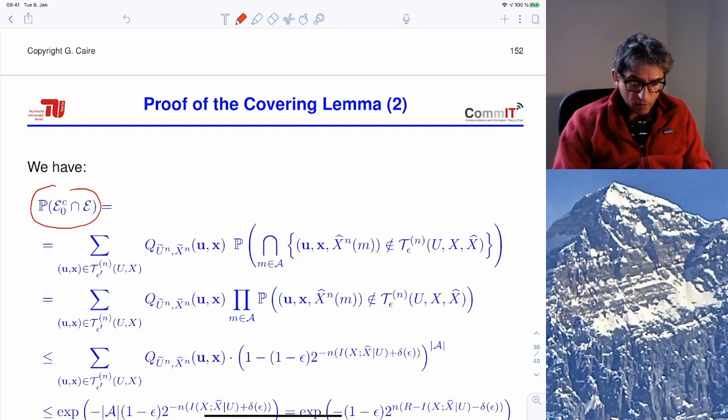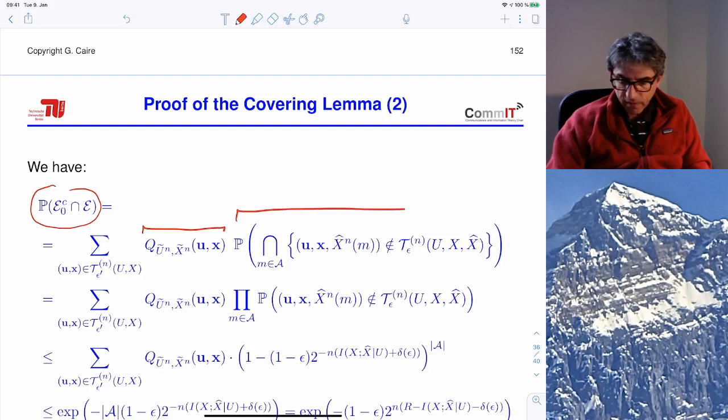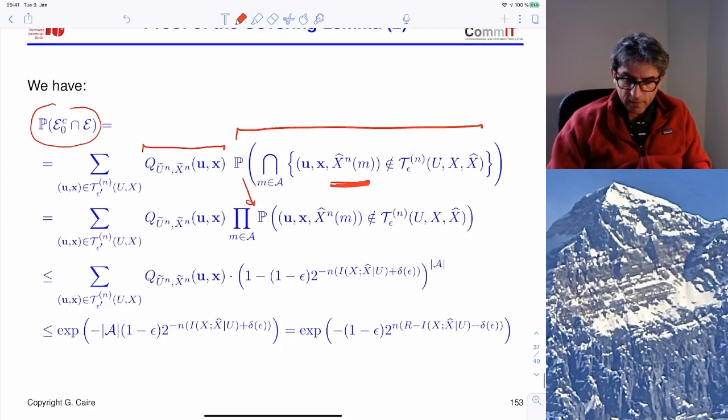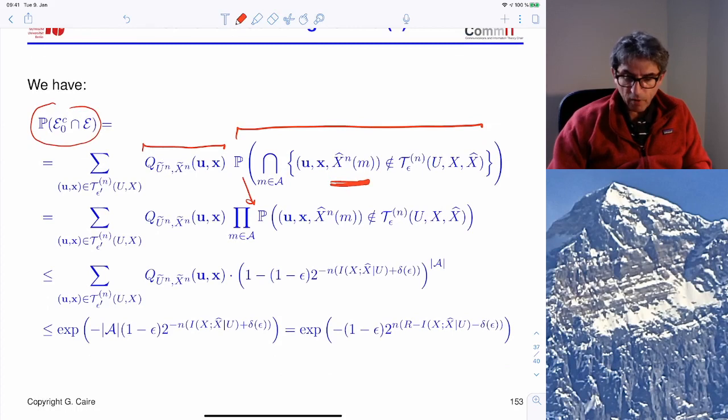This is summing over all U and X epsilon prime typical, their probability times the probability of the event E, which is this intersection, for fixed U and X. Now, by definition, the X tilde are conditionally independent when conditioned on U, and therefore the probability of an intersection is equal to the product of the probabilities, so we have the product with respect to m of these probabilities.